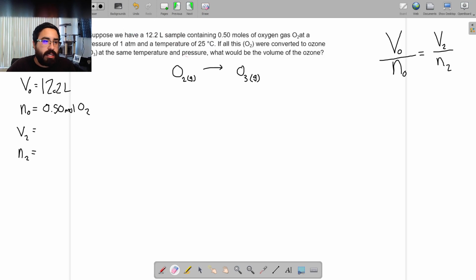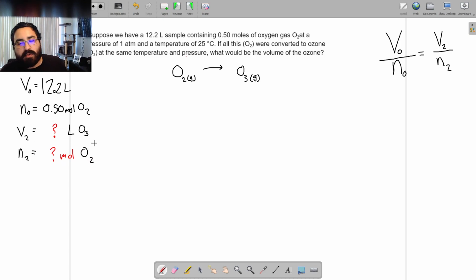What we're looking for is the volume, so the liters of ozone. Well, how do we get the liters of ozone if we don't even have the moles of ozone? They gave us all this information, but we still have two variables that we're missing.